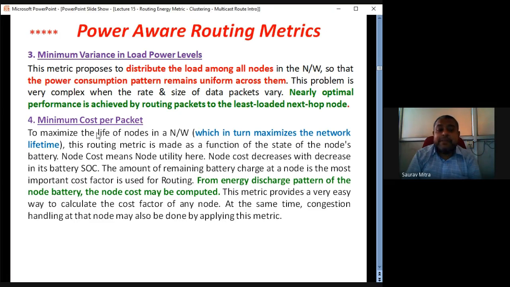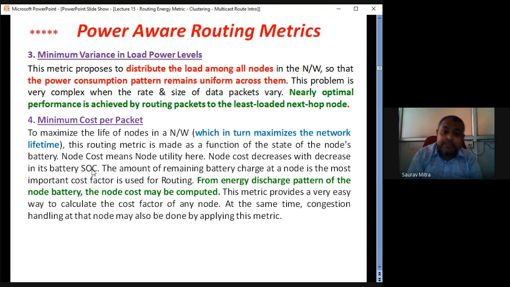So this routing metric, minimal cost per packet, is made a function of the state of the node's battery. Node cost means node utility here, not the financial cost. It is node utility, how best you can use a node. So node cost decreases with a decrease in its battery state of charge.